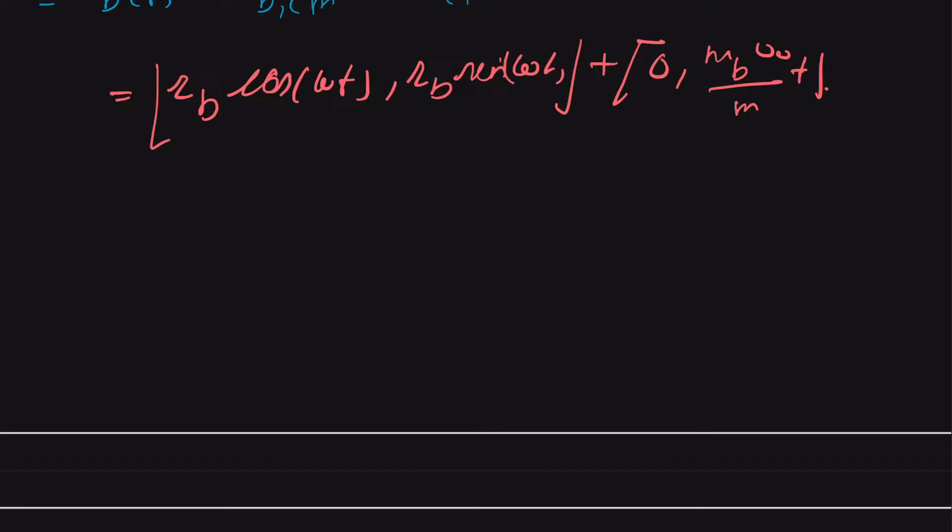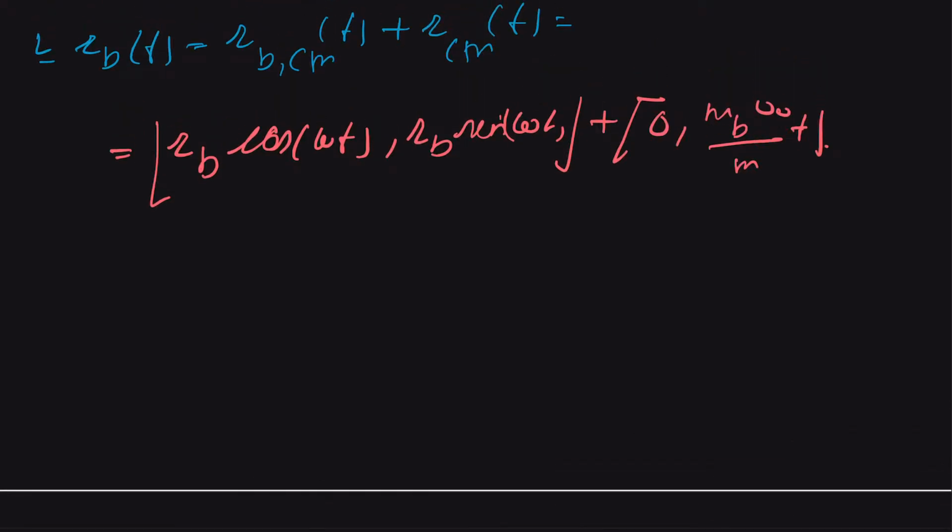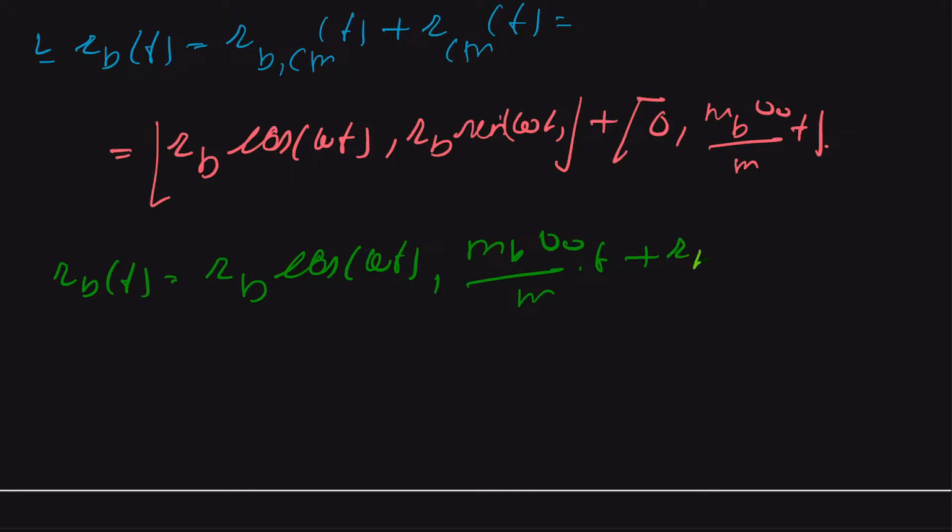And from here we get that Rb of t will be equal to Rb cos of omega t comma, mb v naught upon m times t plus Rb sine of omega t.